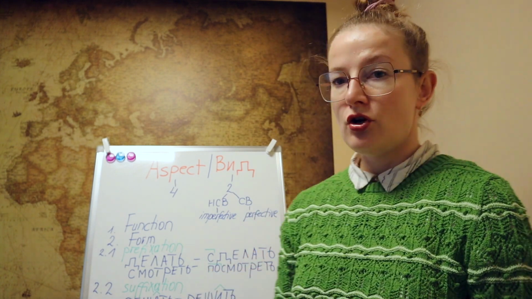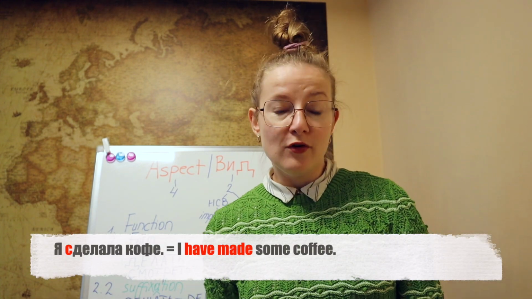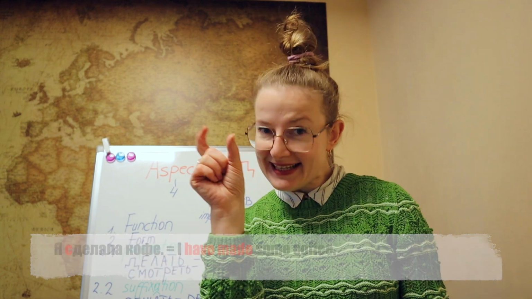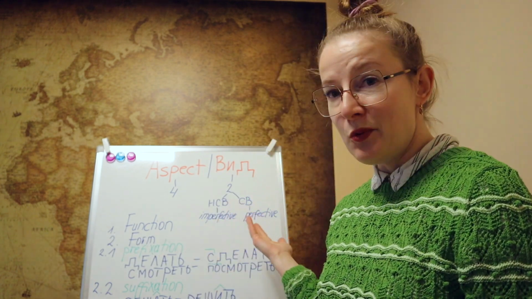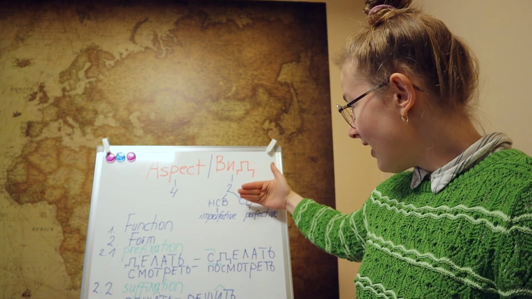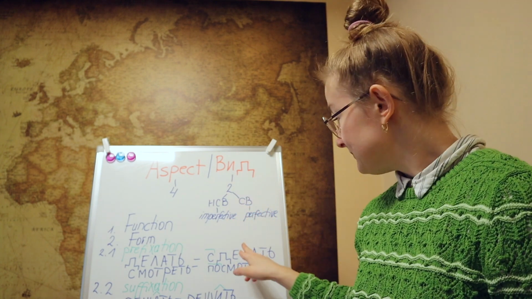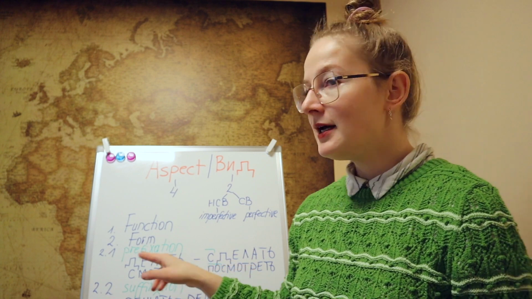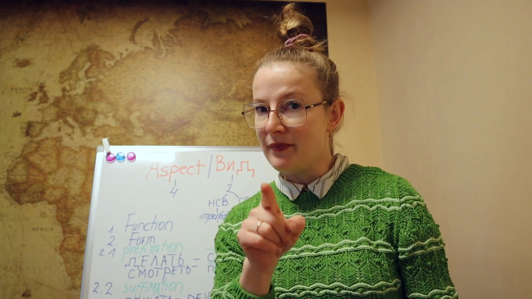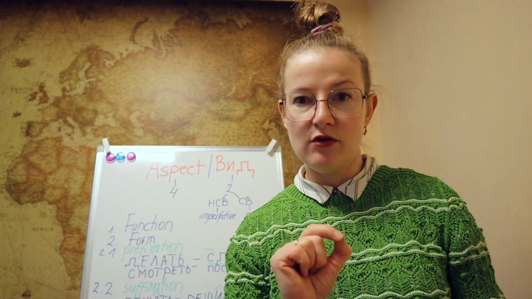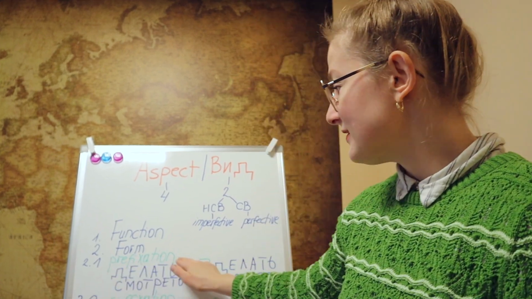So I've made myself some coffee. So you've got this completion. And why? Because we've got here SV, perfective, совершенный вид. And how do I know? Here comes the first method, how the aspect is formed in Russian: by means of prefixation.